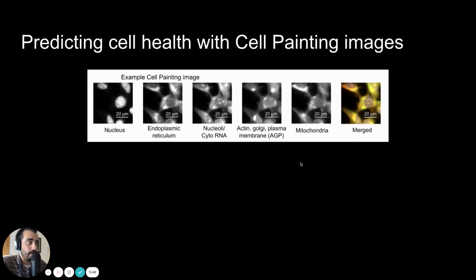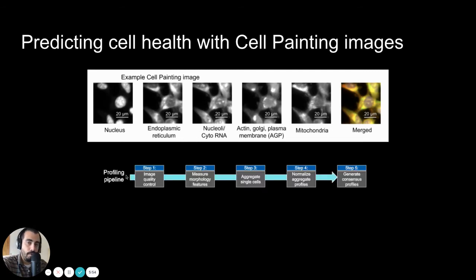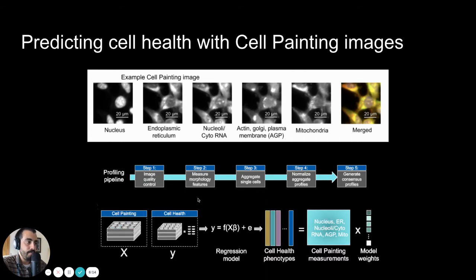cell health readouts. But to go from here to actual data for the models, we performed a profiling pipeline to get morphology readouts from perturbation profiles. So this means collecting the single cell readouts, processing them, normalizing them, and generating consensus profiles, which are specific profiles per perturbation.